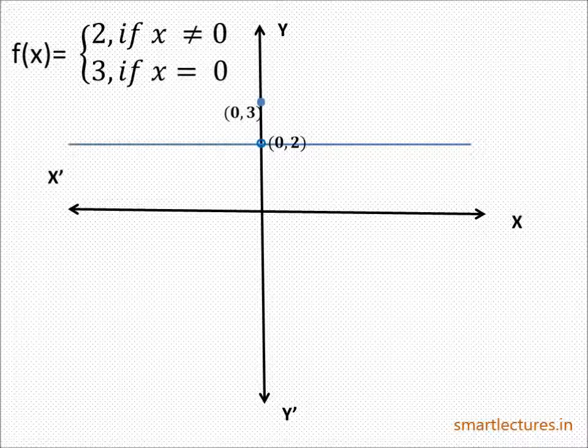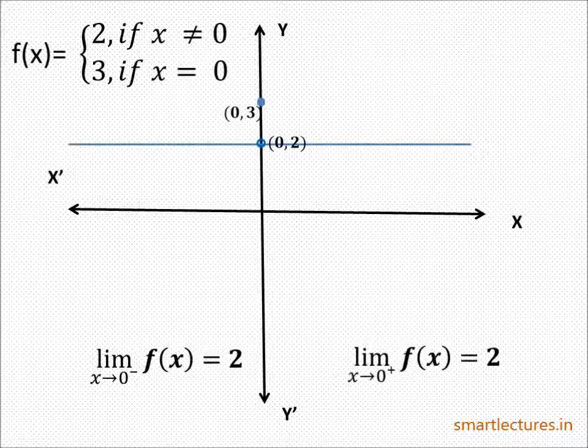And here it is also clear that the left hand limit of f of x at x equal to 0 is equal to 2, and also the right hand limit of the function f of x is equal to 2.